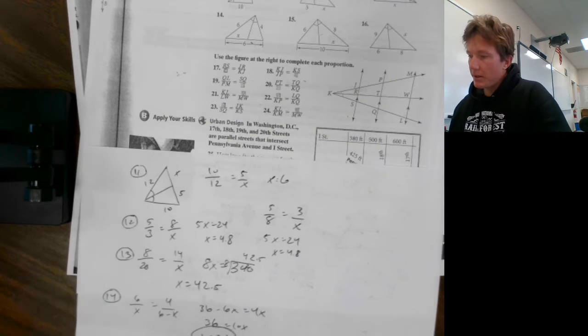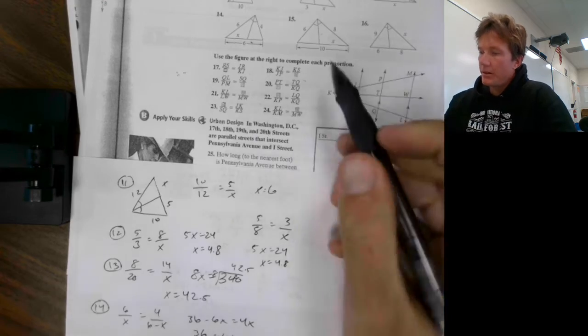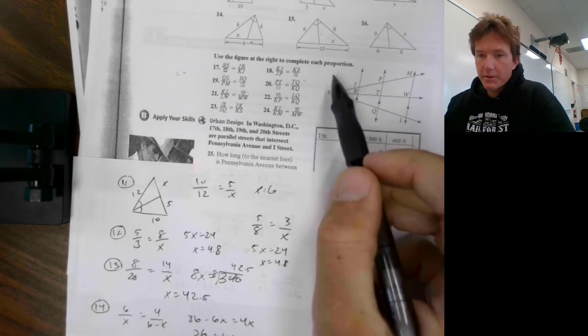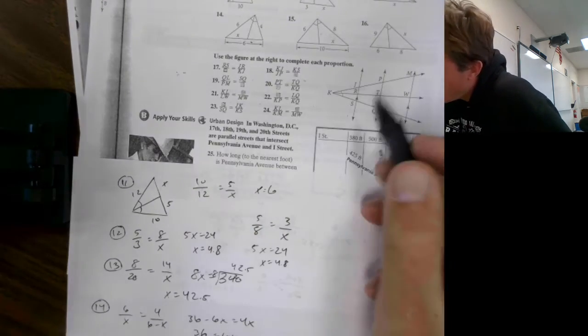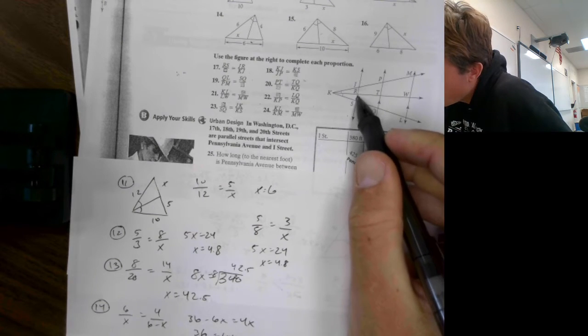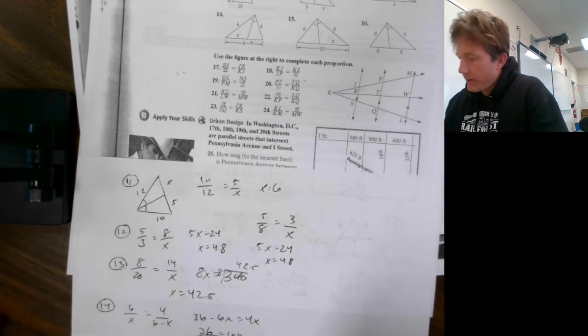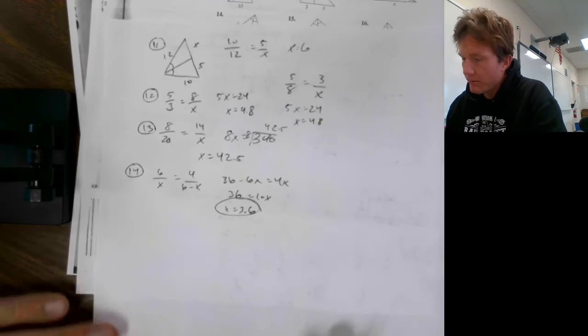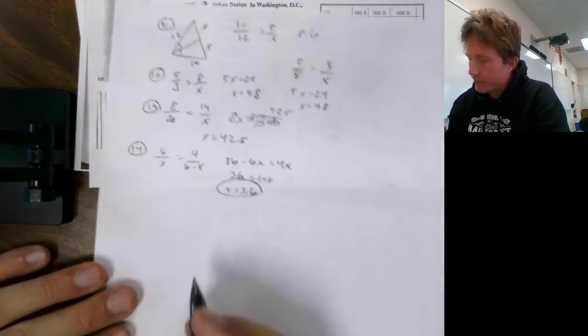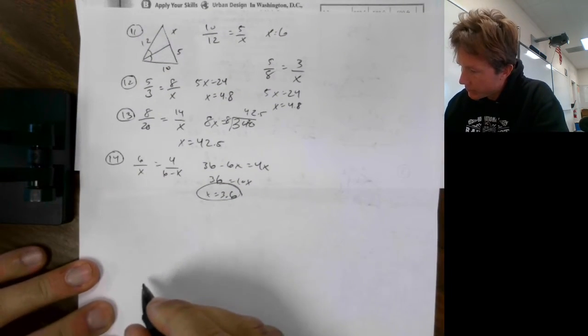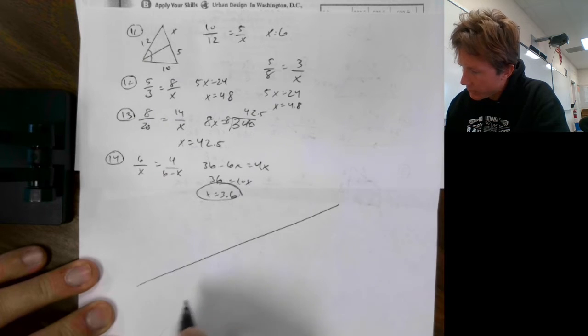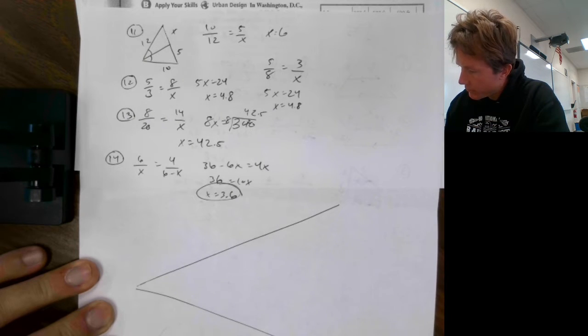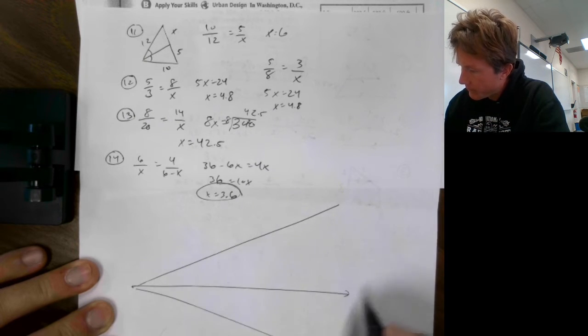Alright, let's move on to 17 through 24. Use the figure at the right to complete each proportion. RS is this spot. So let me draw my figure. Make it a little bit bigger.